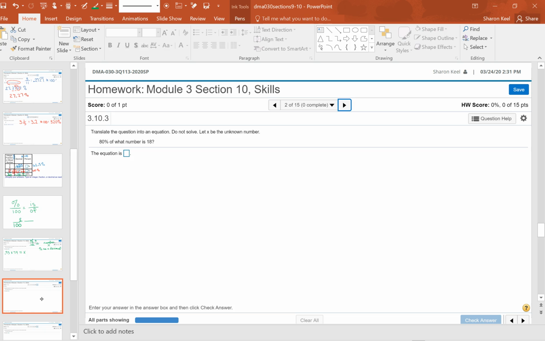For this one, it says 80% of what number is 18. So the percent is 0.80. Of means multiply. What number is the letter X? Let me make note here. Multiply.